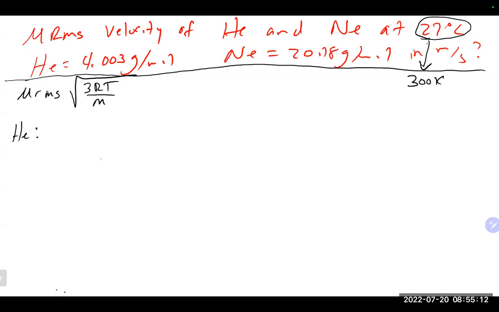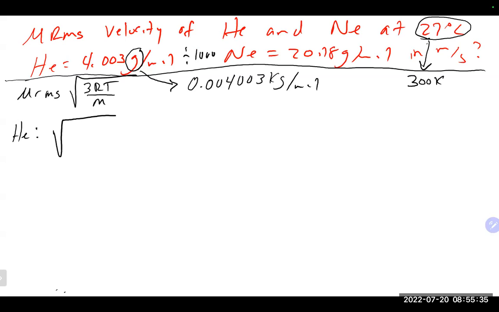Other than that, we're almost good. We also need to get our molar mass into kilograms per mole, not grams per mole. So we divide by 1,000, which gives us 0.004003 kilograms per mole.